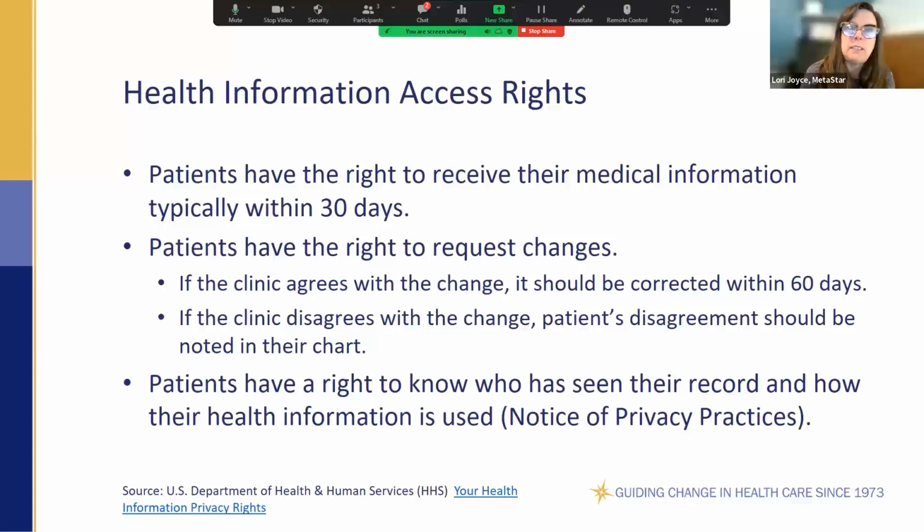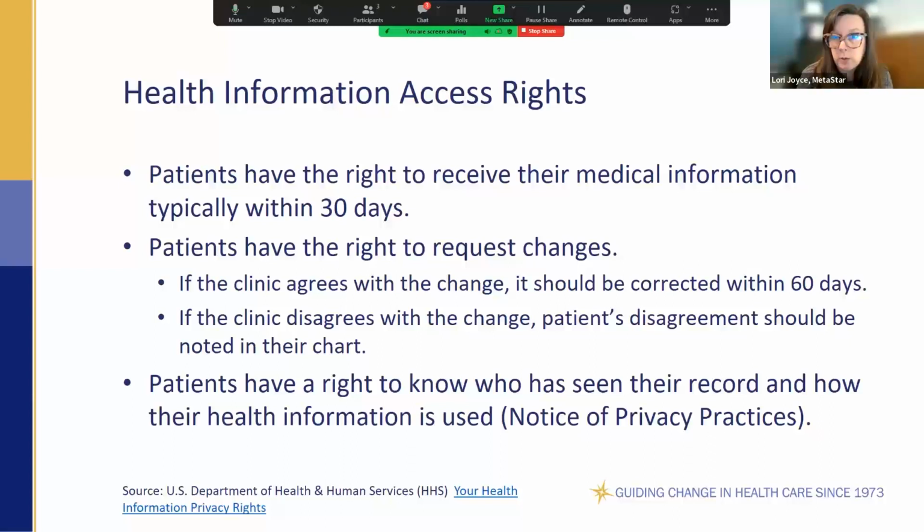However, if the clinic disagrees with the change, so for example, maybe someone is disputing a diagnosis or something like that, and the care team has said, no, this is correct, the correct information as deemed by the healthcare organization should stay in the record, but the patient disagreement should be noted in the chart.